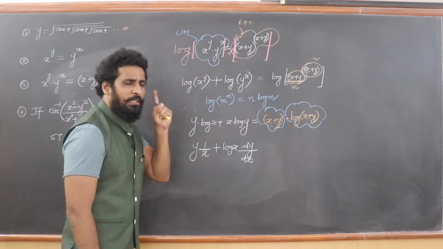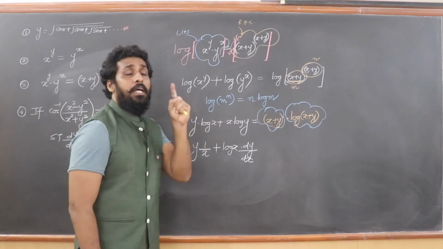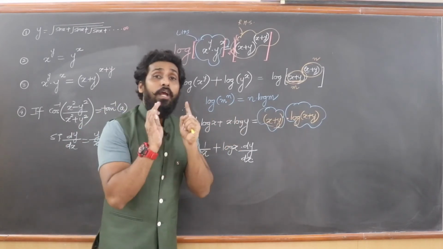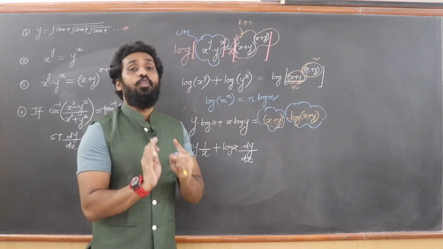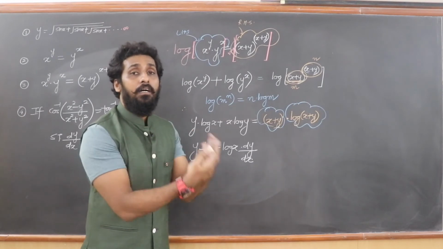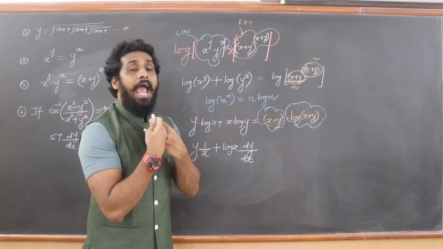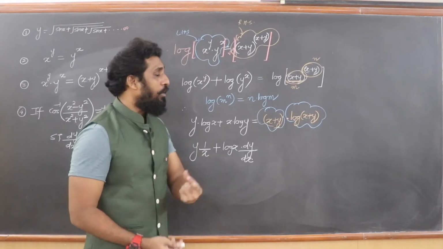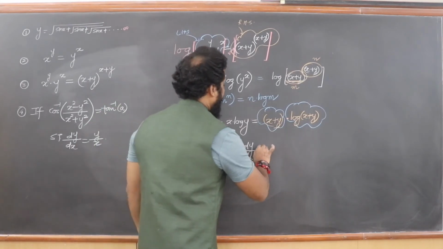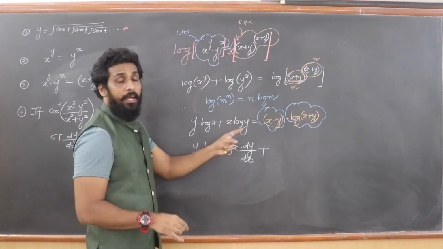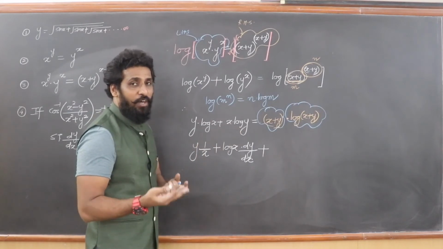So always and always make sure that you keep this in mind, that all terms of y will be treated like x, but you should just write dy by dx at the end, isn't it? So always remember to add that dy by dx ahead of the term. Let's move ahead. So there is again a plus sign, again x into log y. X, obviously you can understand it's a function of x.